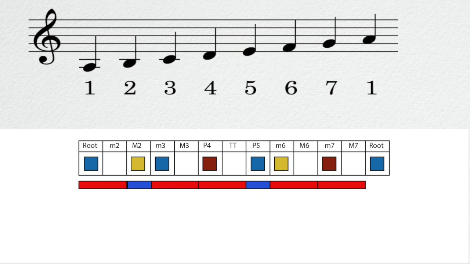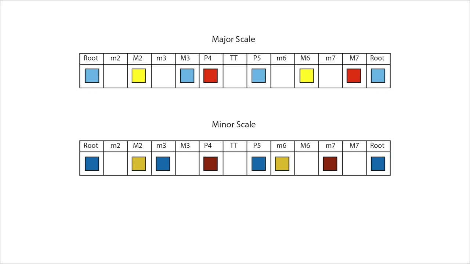This pattern gives us 3 intervals that are in common with the major scale: the major second, the perfect fourth, and perfect fifth, and 3 that are different: the minor third, minor sixth, and minor seventh. It's often said that minor intervals are darker or sadder than major ones, but this is probably more of a cultural association than anything universal.